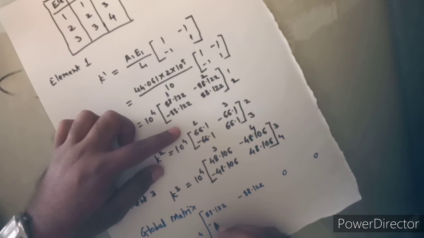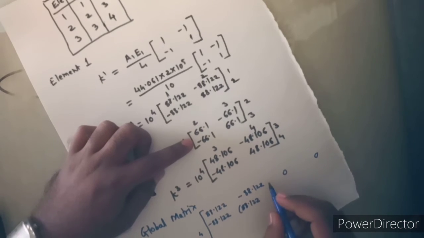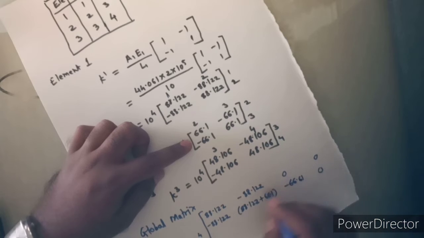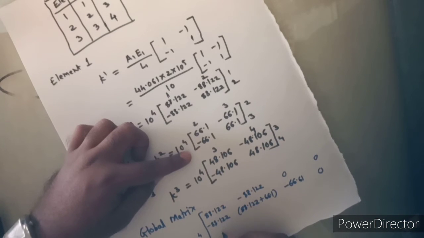Okay, here minus 88.122, here 88.122 plus 66.1, here minus 66.1, then 0 for third and fourth.